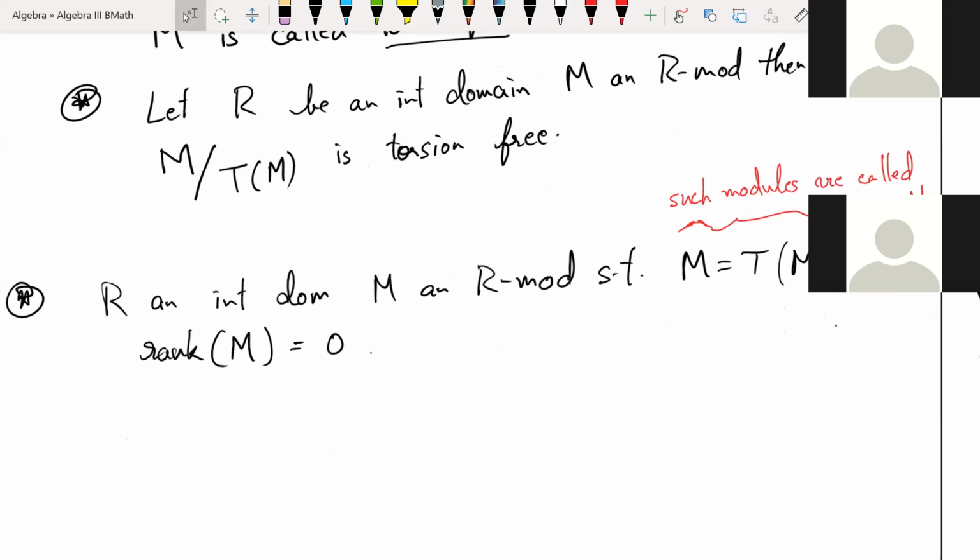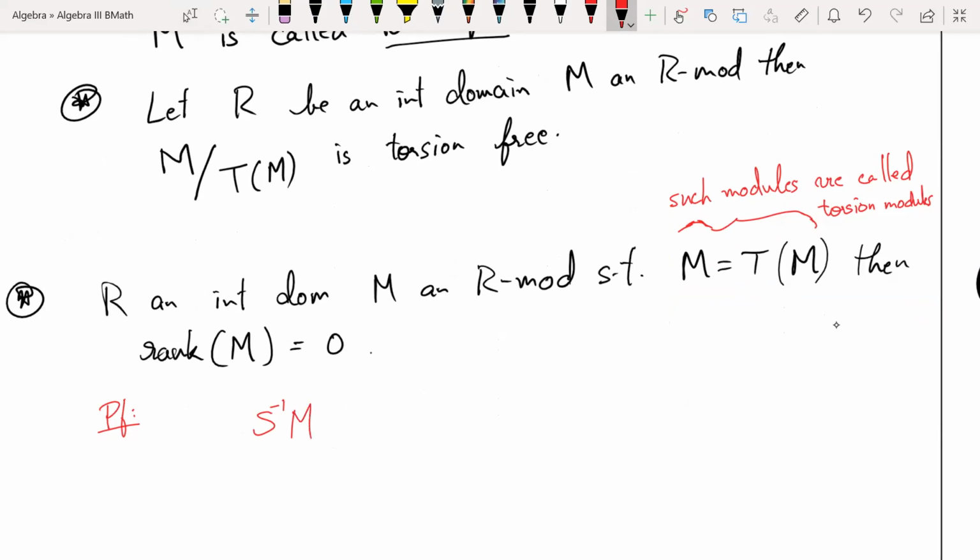So maybe I'll give an argument. Proof. If M consists of only torsion elements, then we want to show that the rank of M is zero. So what we have to show is that S inverse M is the zero module. So let alpha belong to S inverse M. Then what does alpha look like?